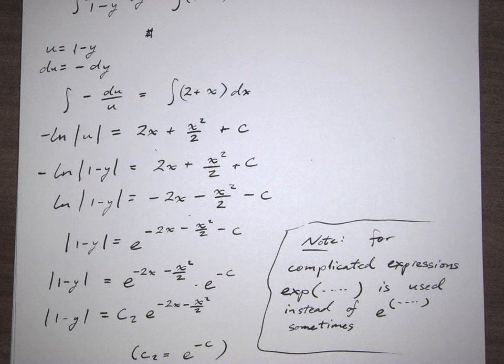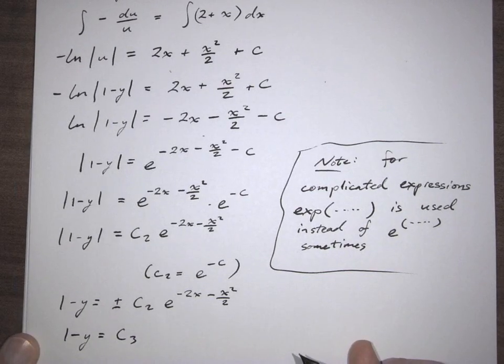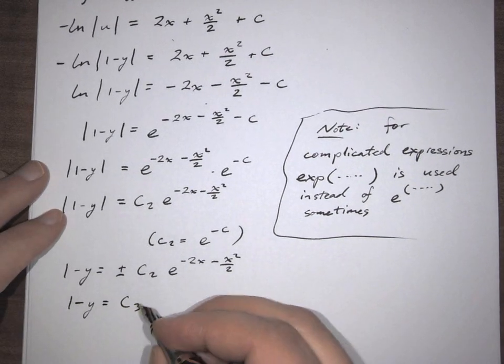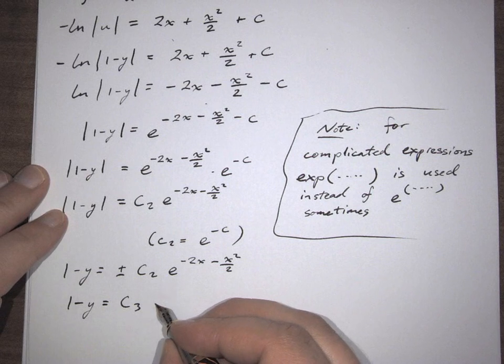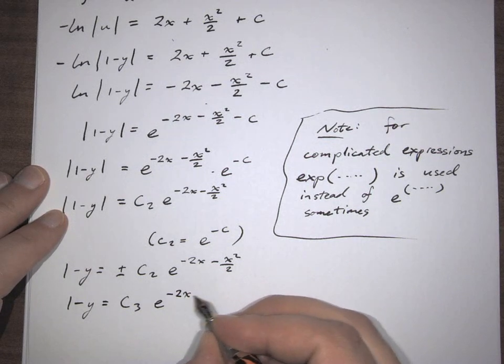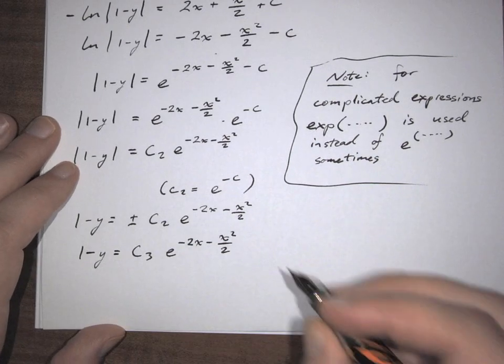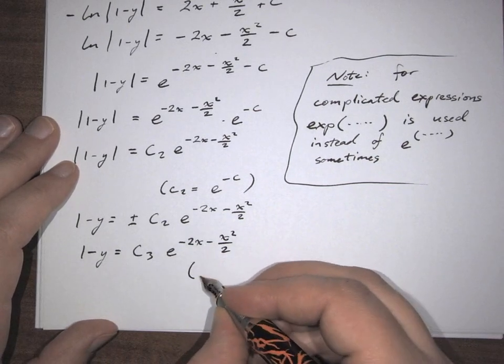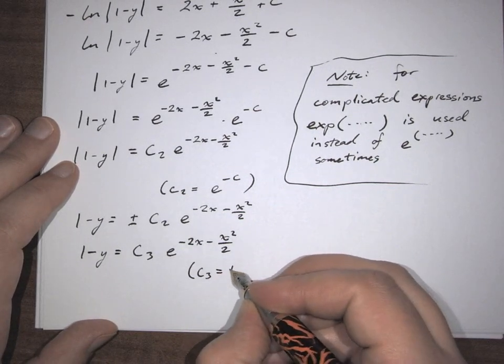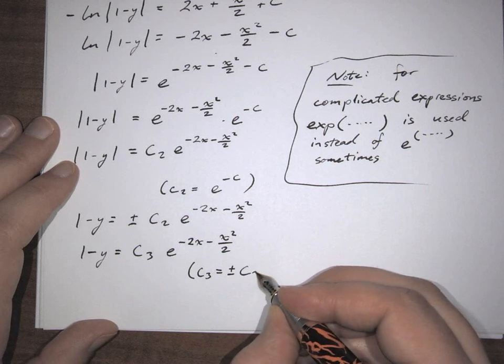And so, once again, I might as well just call it a new constant, C3, C3 e to the minus 2x minus x squared over 2, where C3 is equal to plus or minus C2.